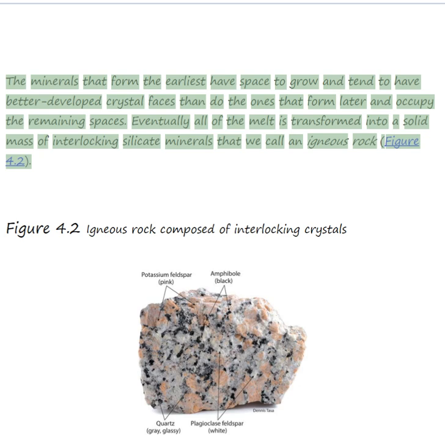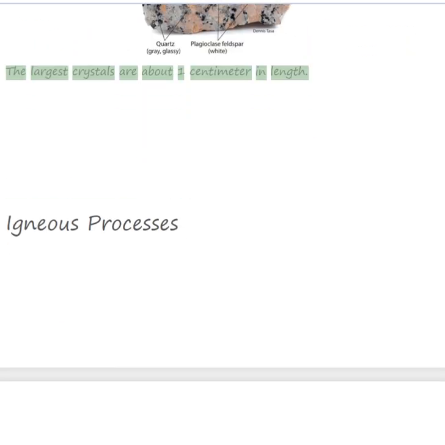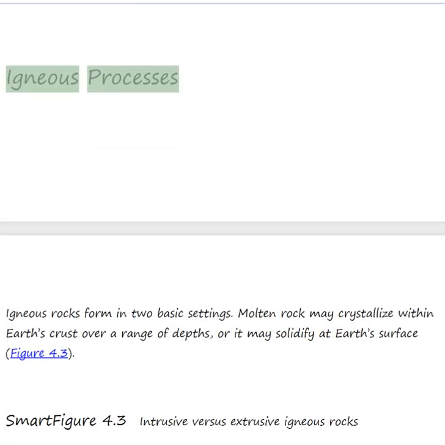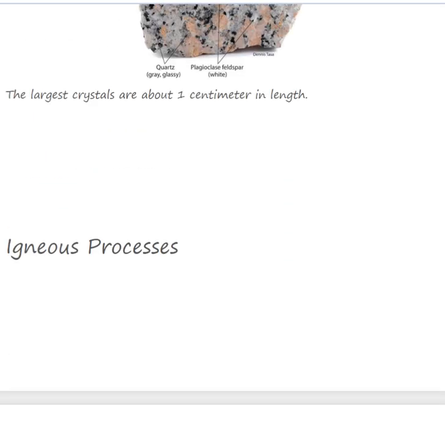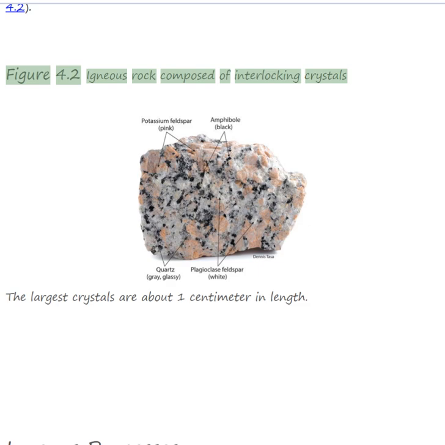Eventually, all of the melt is transformed into a solid mass of interlocking silicate minerals that we call an igneous rock. The largest crystals are about 1 centimeter in length. Igneous processes. Figure 4.2 Igneous rock composed of interlocking crystals.